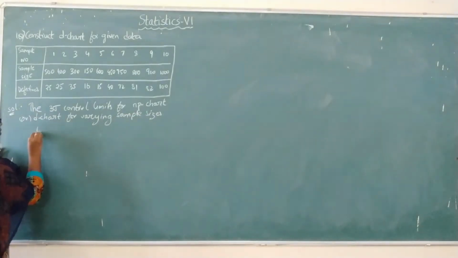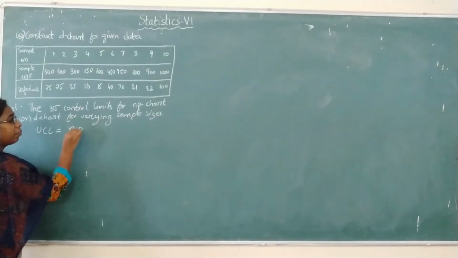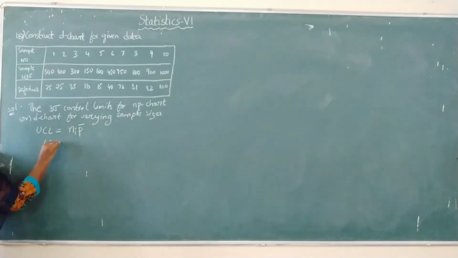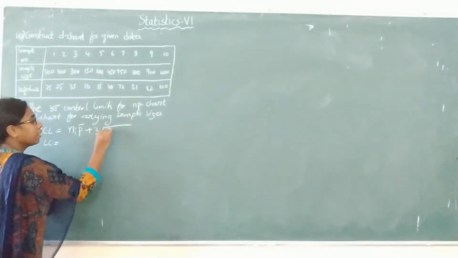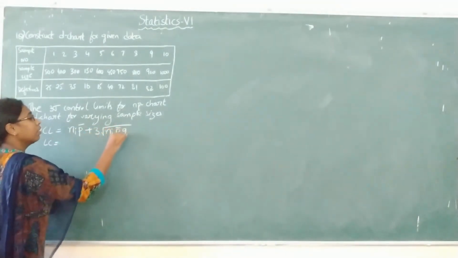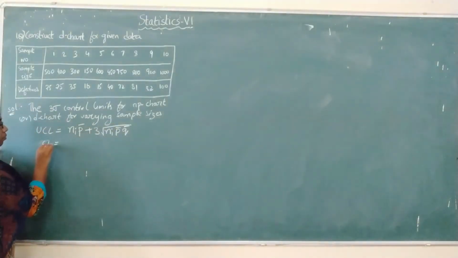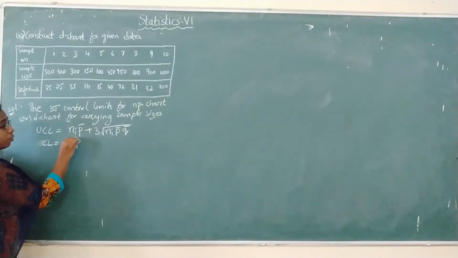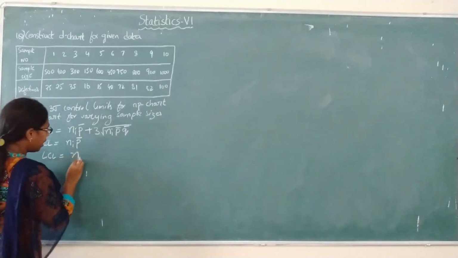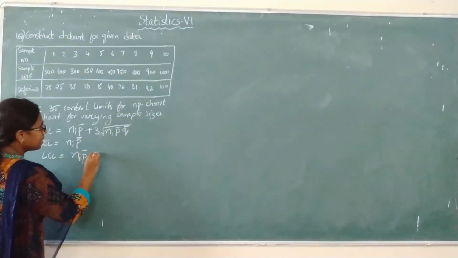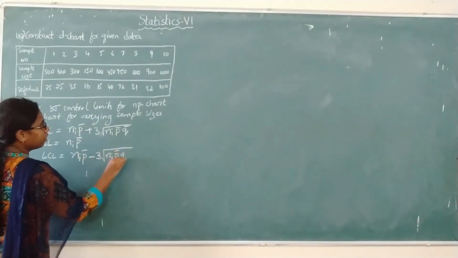First write down the UCL. UCL equals NI P bar plus 3 into under root NI P bar Q bar. Next CL equals NI into P bar, and next LCL equals NI P bar minus 3 into under root NI P bar Q bar.